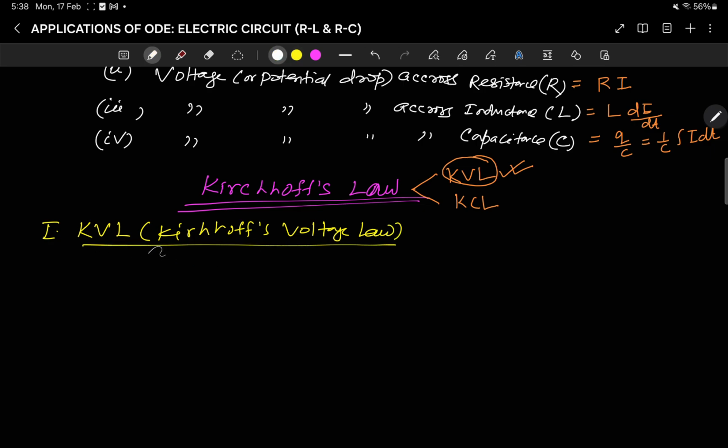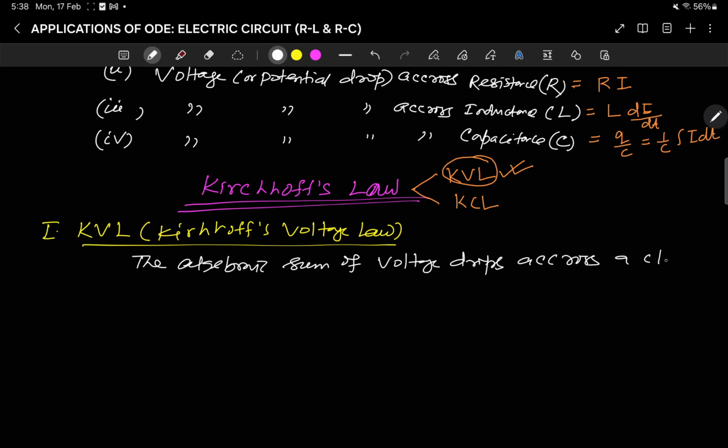The algebraic sum of voltage drops, or potential drops, across a closed circuit is equal to the resultant EMF.